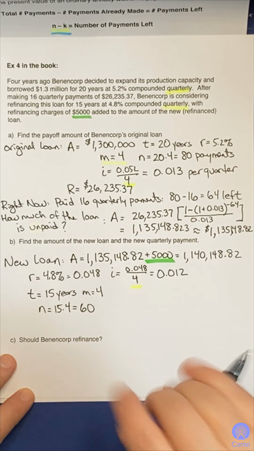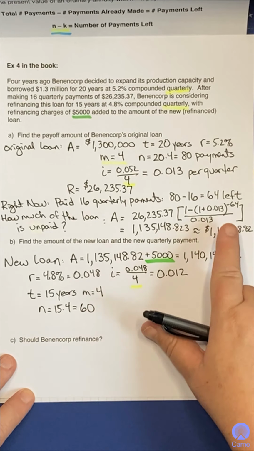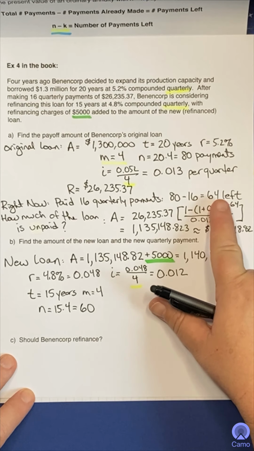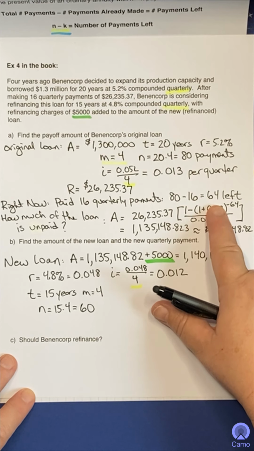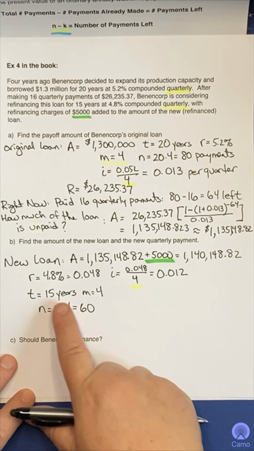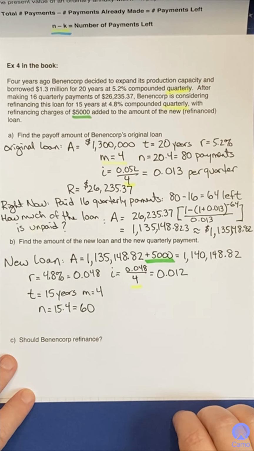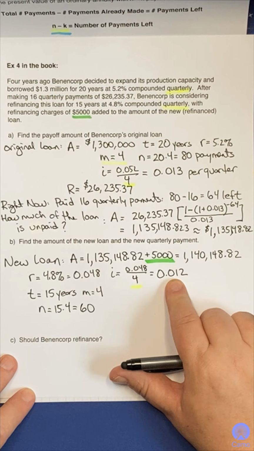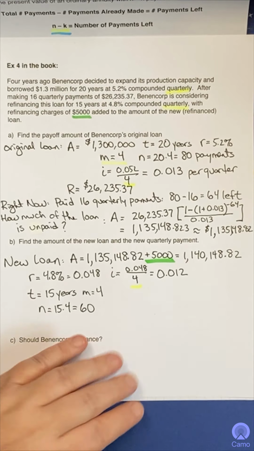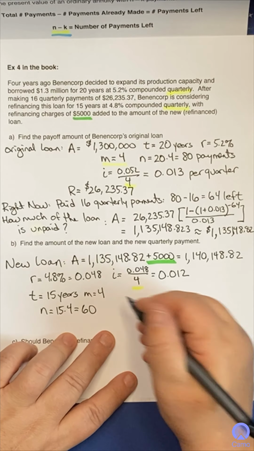On the old loan, we had 64 payments left, which is 16 years left. And here we're going to try to get it done within 15 years. So even though our interest rate is going down, our payment may actually go up because we're trying to pay it off faster. These are all things to consider.